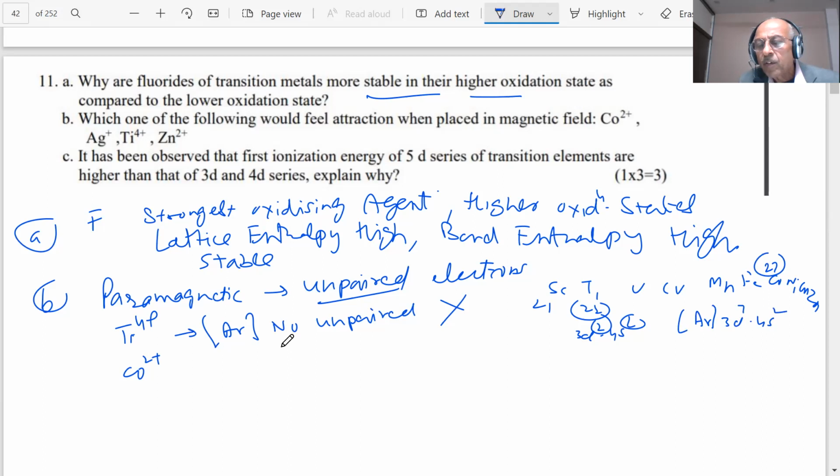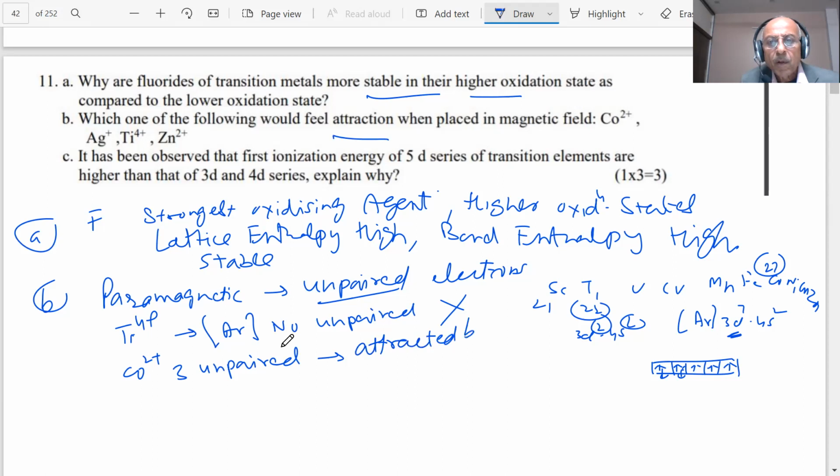There are 7 electrons in the d orbital, so 1, 2, 3, 4, 5, 6, 7. Cobalt has 3 unpaired electrons. Therefore, it will feel attraction and will be attracted by the magnetic field. Paramagnetic.